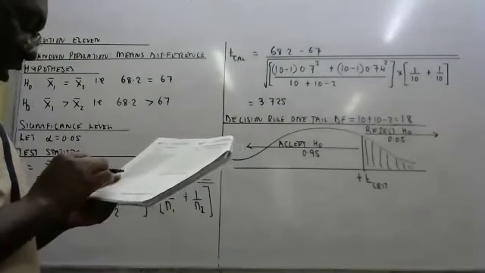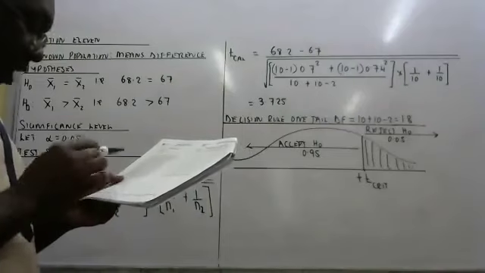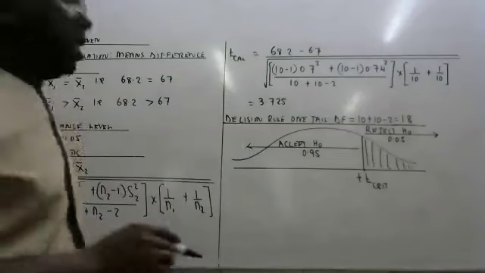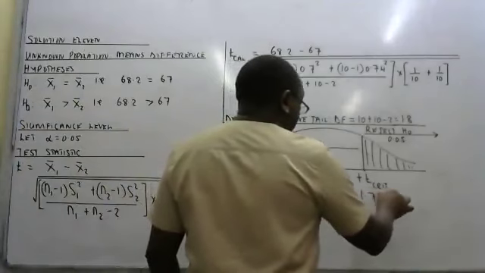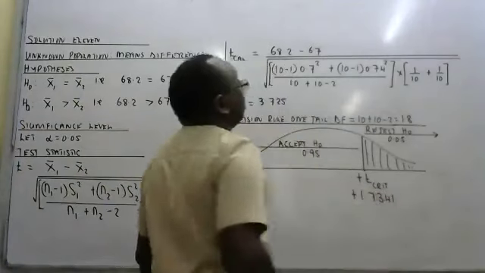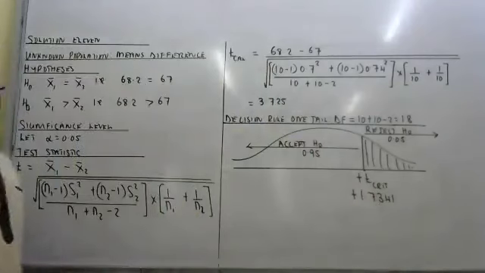So, for 18, I have 1.7341. And it's positive.